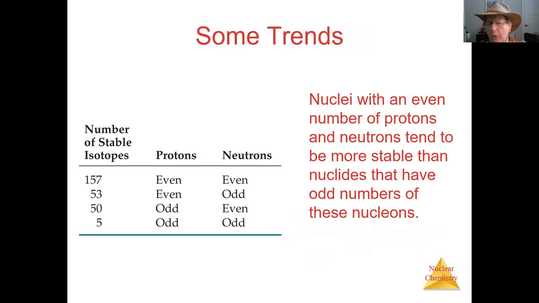If you have an even number of protons and an even number of neutrons, you have a whole lot of stable isotopes. Even protons, odd neutrons, you have a decent amount. Odd protons, even neutrons, you have a decent amount. But when you have an odd number of protons and an odd number of neutrons, you have very, very few stable isotopes. Again, this is more of a general knowledge thing. I'm not going to ask you a question on it.